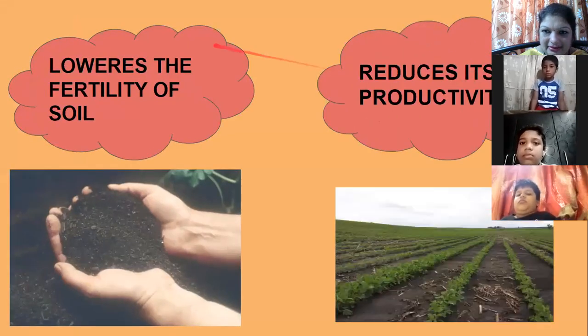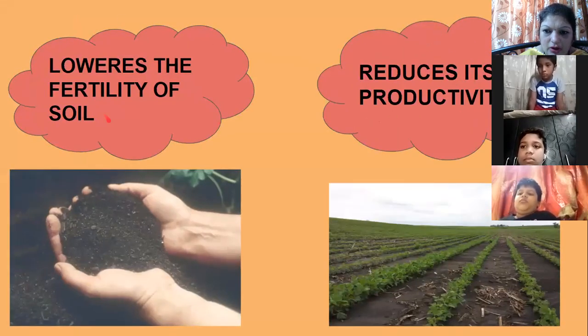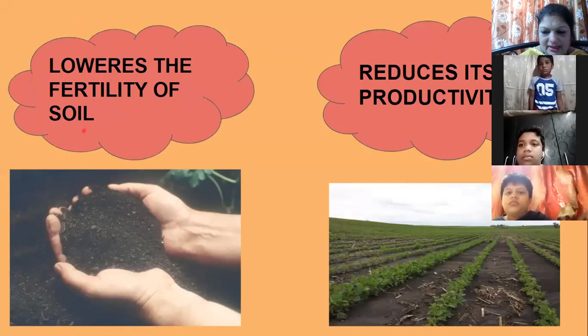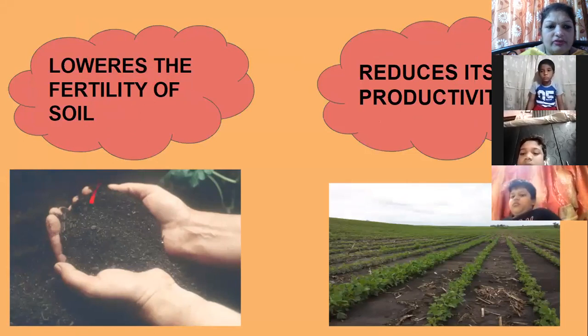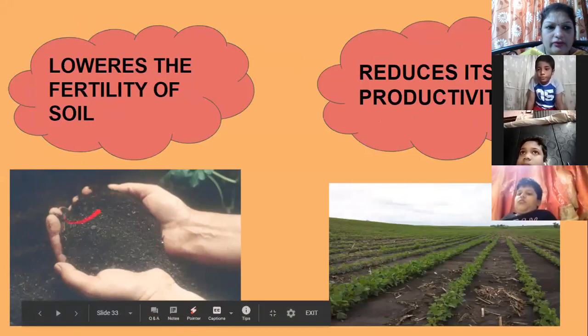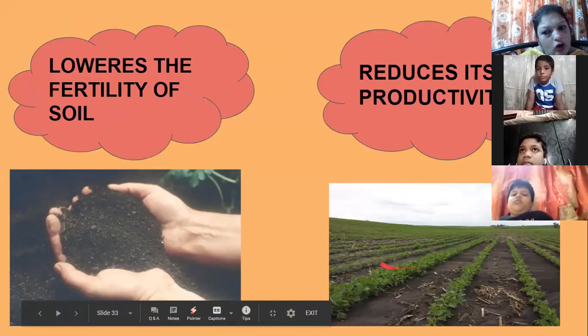See here, what happens when you are using an excess of fertilizers? It lowers the fertility of the soil. The fertility of the soil will be lowered, that means it will reduce. Okay. It also reduces the productivity.